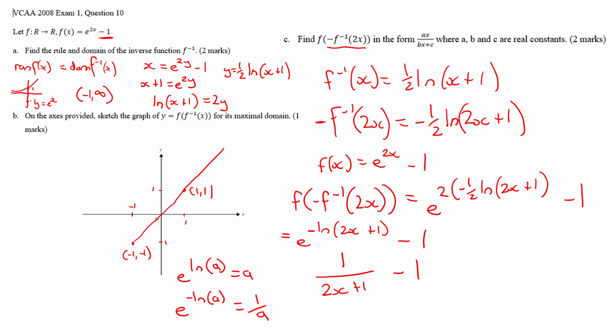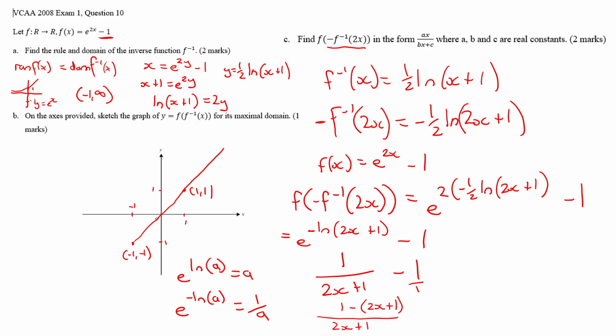Now I need to simplify this. So this 1 can be written as 1 over 1. I then need to get it to be out of 2x plus 1. That means I'm timesing the bottom and the top by 2x plus 1. So that will give me 1 take away 2x plus 1 over 2x plus 1.